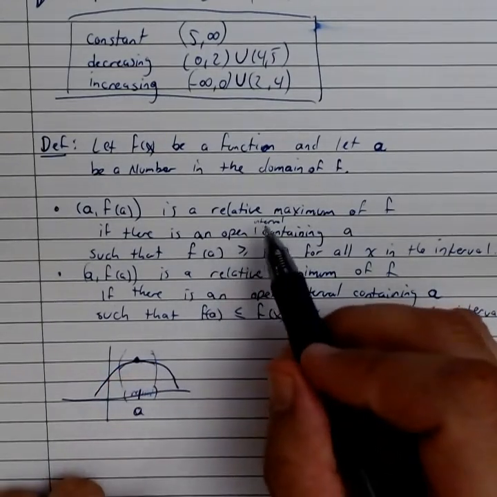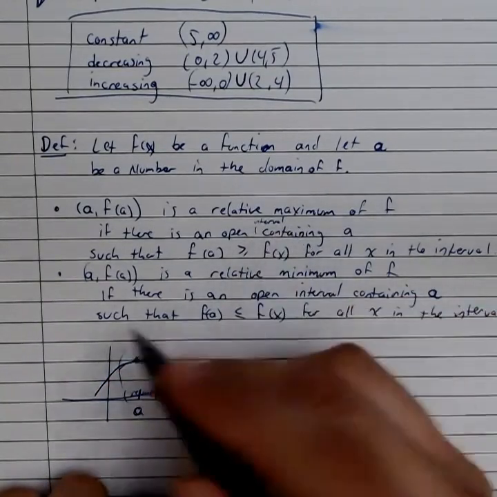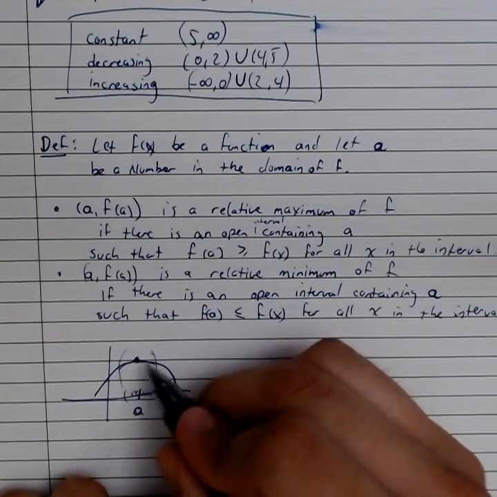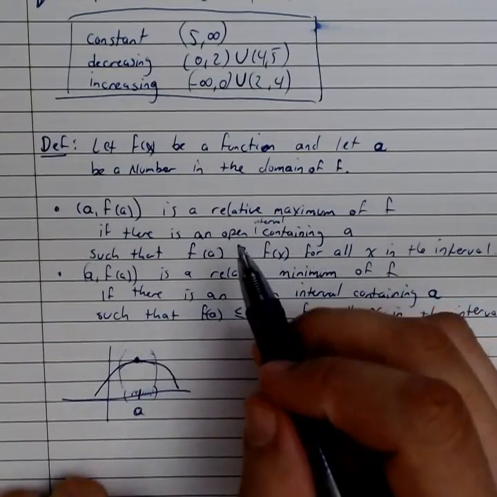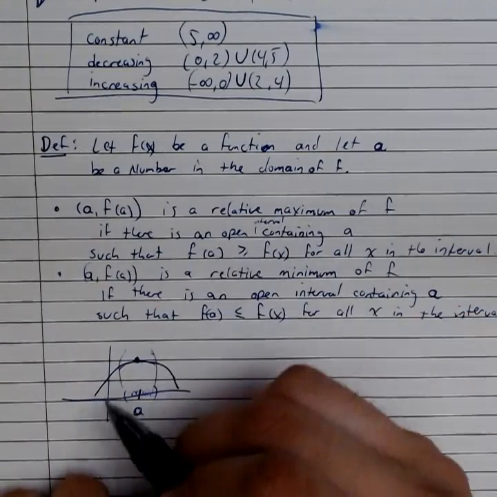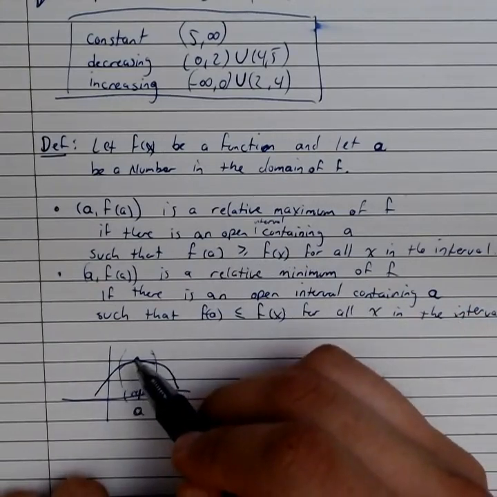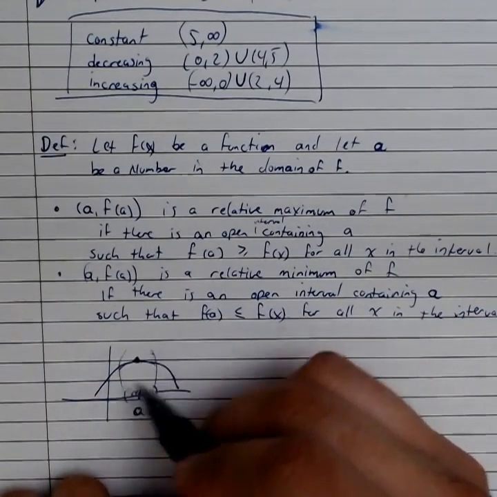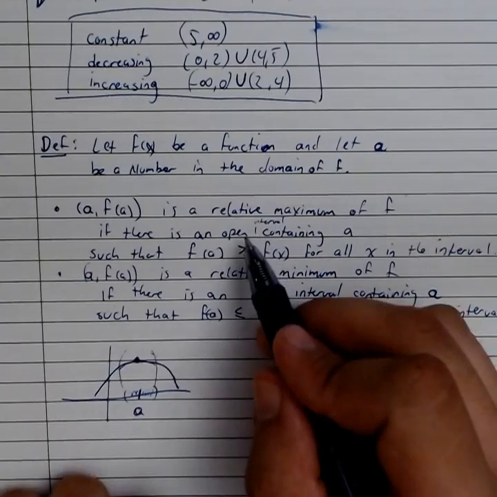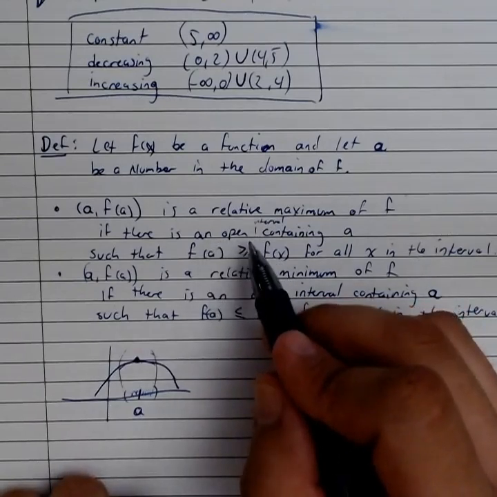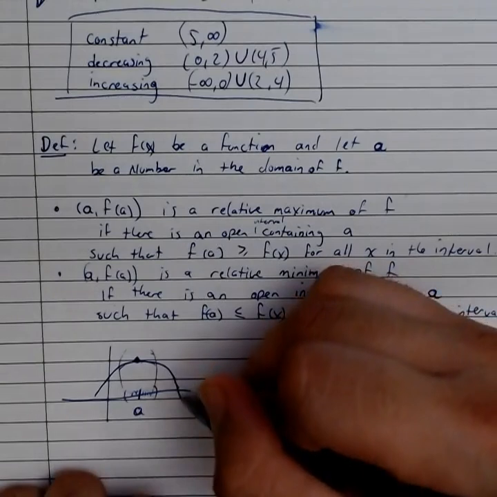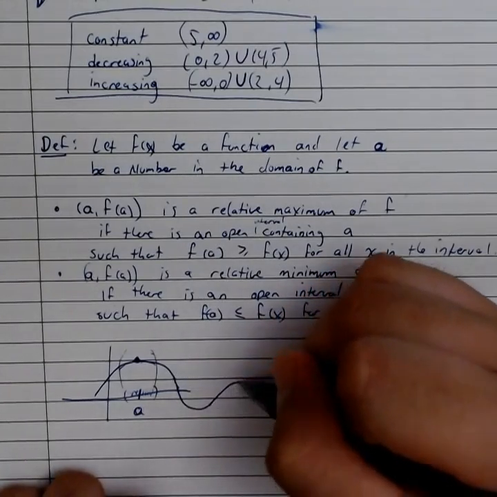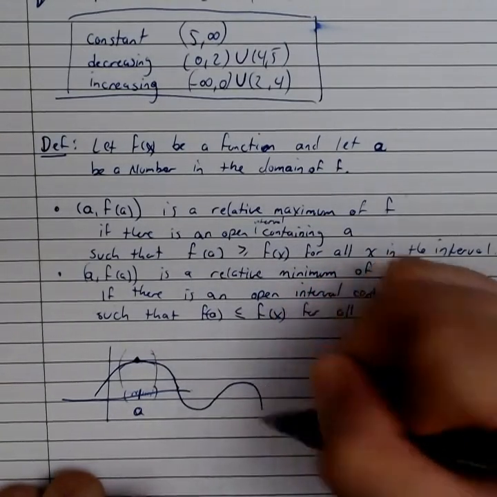Whenever we talk about relative maximum, we're essentially talking about the top of a hill. Note that it doesn't have to be the biggest point in the entire graph. It just has to be the biggest point around here. Because here we're looking at as long as there exists an open interval. So for example, let's say I had this graph continue until I got this.